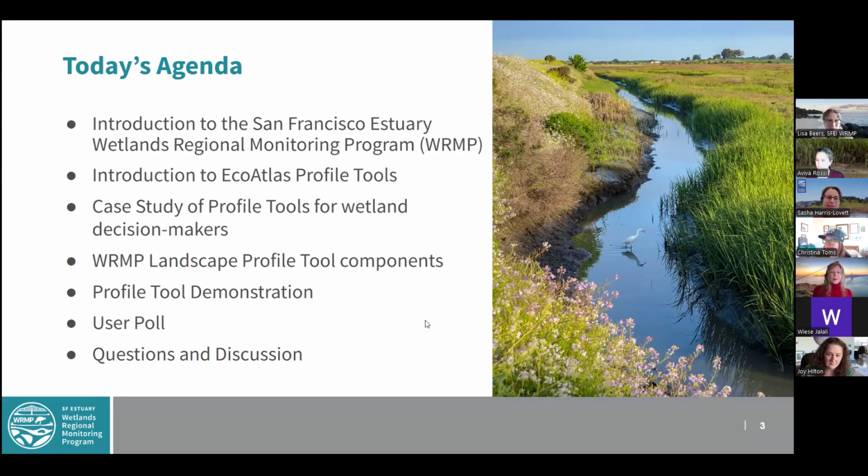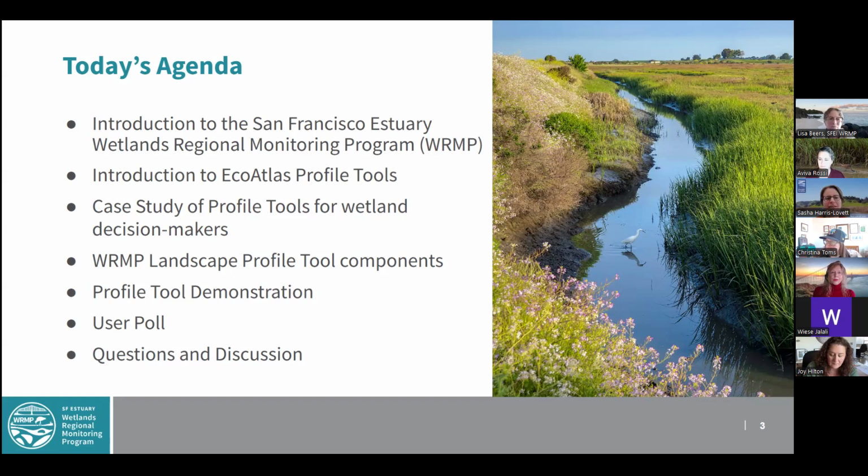So today you'll be hearing from WRMP staff members and the chair of our technical advisory committee to talk about the EcoAtlas Landscape Profile Tool. They'll give an introduction to the San Francisco Estuary Wetlands Regional Monitoring Program. We call it the WRMP, in case you haven't heard our acronym. Then we'll talk about the EcoAtlas Landscape Profile tools in general, and specifically how these profile tools are useful for wetland decision makers.